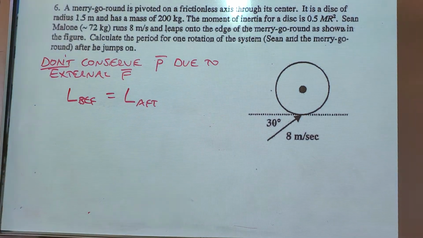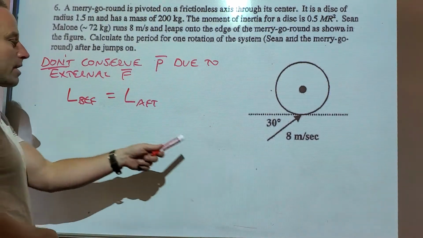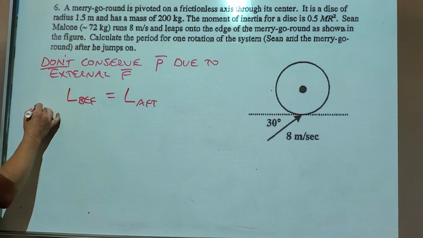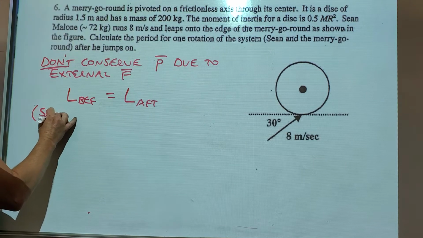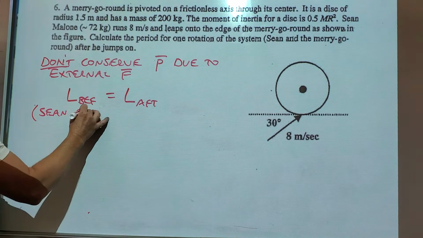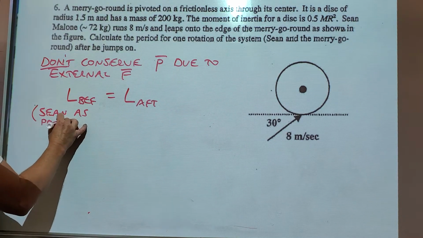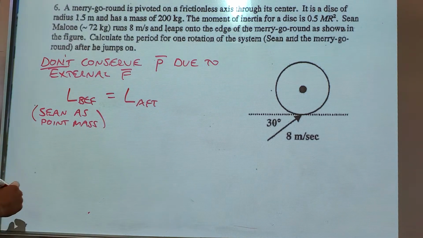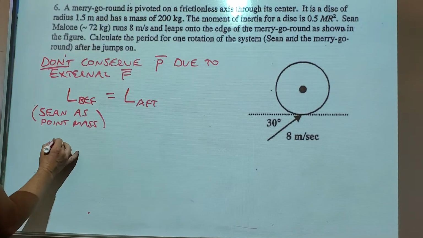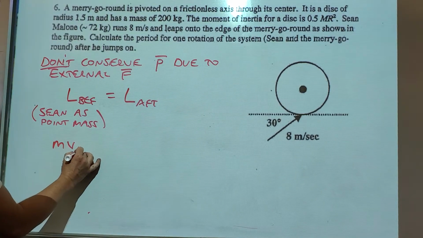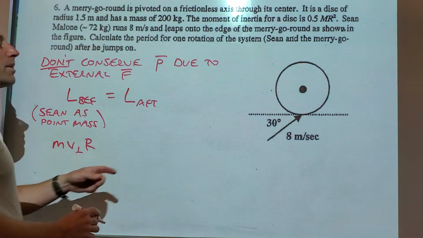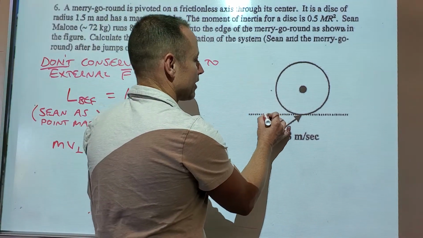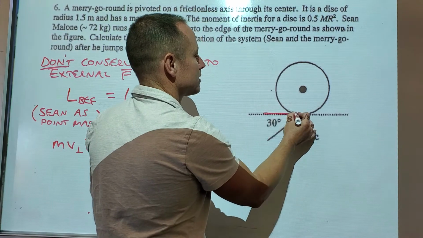And so let's find the angular momentum before. Well, that's going to be Sean running in. We're going to treat Sean as a point mass. So this is Sean as a point mass. What I would do is maybe the m v perp r version. In other words, only the part of his velocity that's really going this way is what matters.